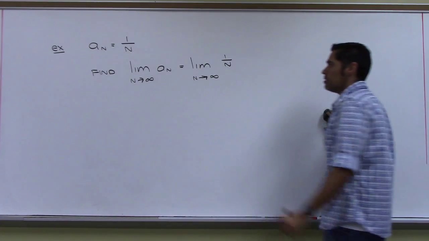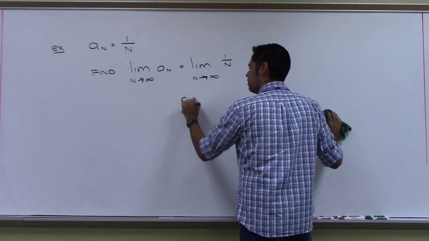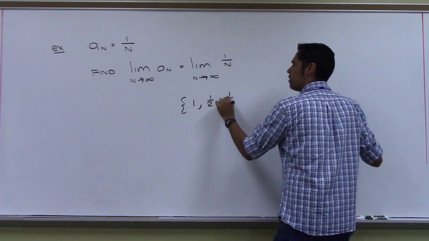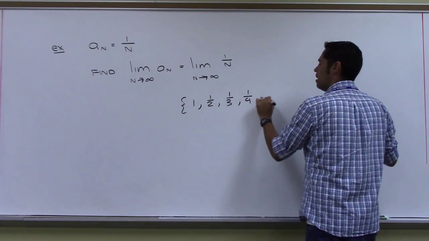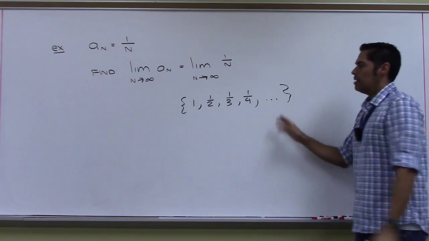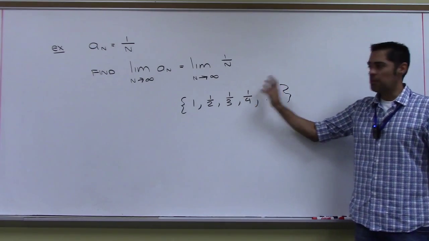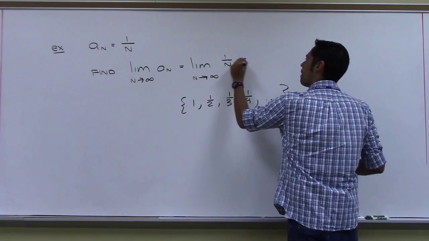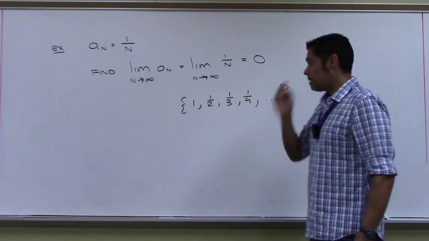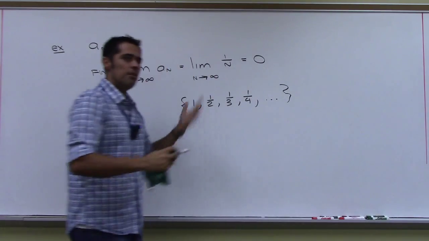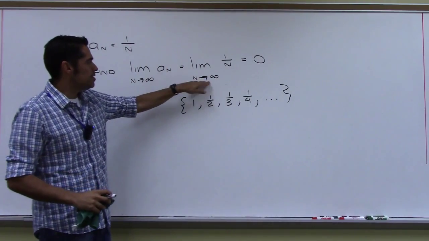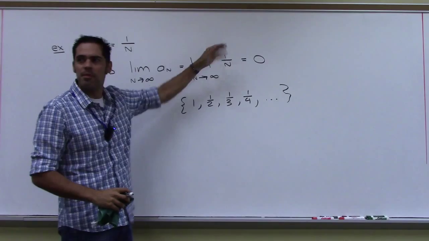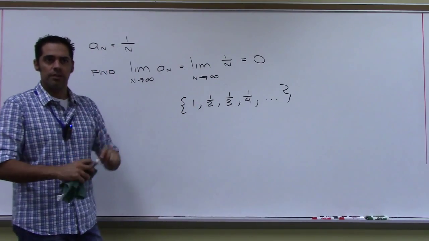If we wrote out the terms, 1, then 1/2, 1/3, 1/4, we can see that the numbers in the sequence are getting smaller and smaller, approaching 0. I think most of you can get your head around that. You've got something getting bigger on the bottom, the top's always staying 1, so that fraction should get smaller.